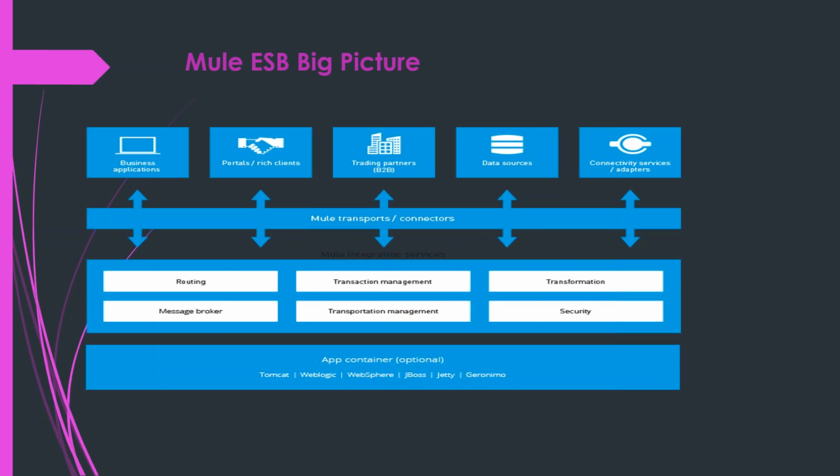Transports also play that kind of role. Transports are like HTTP, JMS, file, database, RMS, TCP, IMAPS, or SMTP. These are the transports we have currently, available in the market.